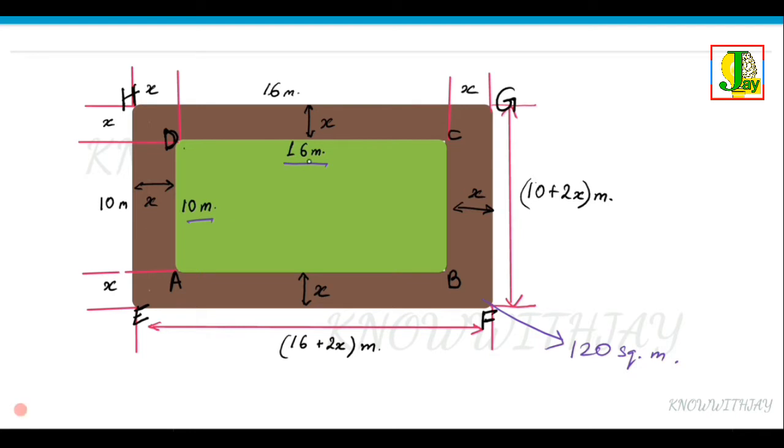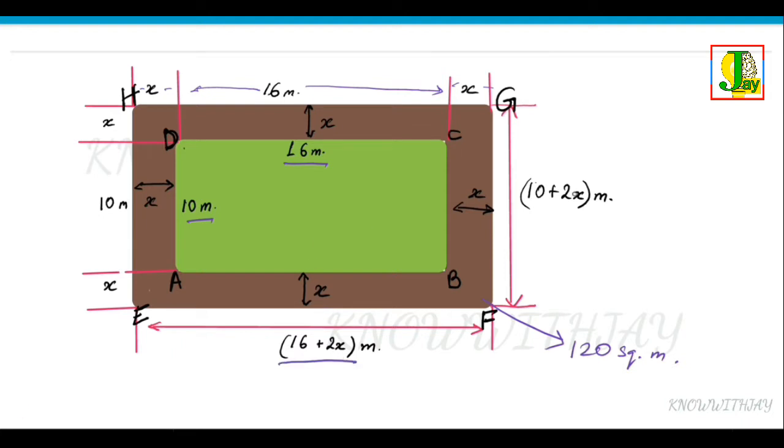Now the area of the garden can be easily found by multiplying the length and the breadth of the garden. How do we get the length and breadth of the outer or the larger rectangle? The length of the larger rectangle is the length of the inner garden plus the width on both sides, that's x plus x. So we are going to add 2x to 16 to get the length of the larger rectangle.